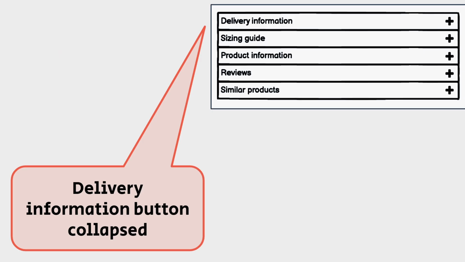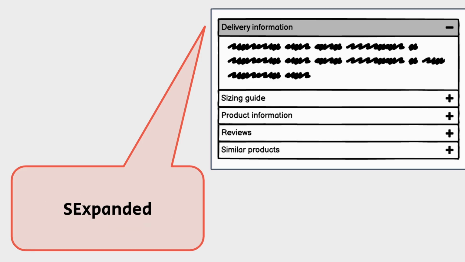We don't know what it does. Now when we come to it with ARIA expanded false set on it, we hear delivery information button collapsed. So that's interesting. Just hearing that word collapsed gives us an idea that it can be expanded. So we suddenly have an idea of what sort of thing we're interacting with.